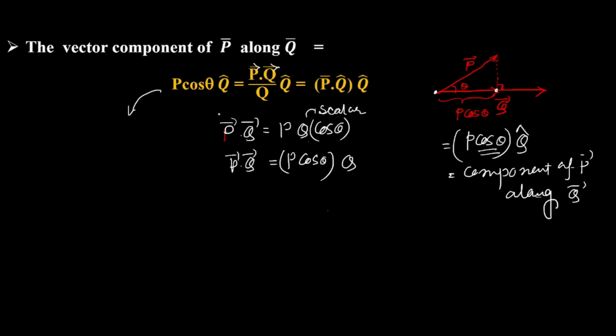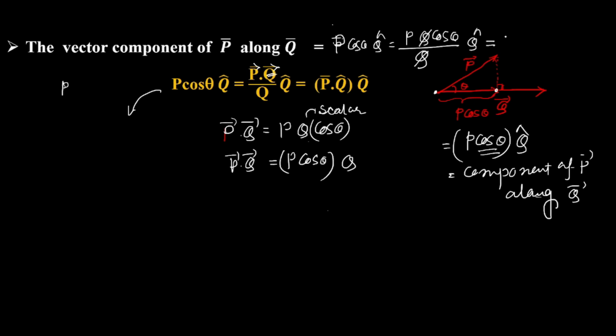We need to prove this: PQ cos theta divided by Q, into Q cap. This Q gets cancelled.